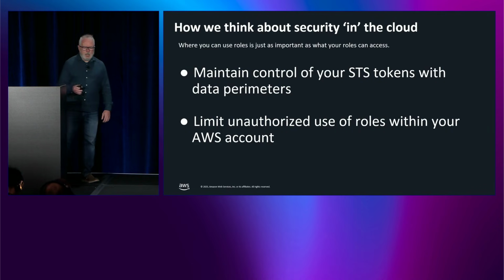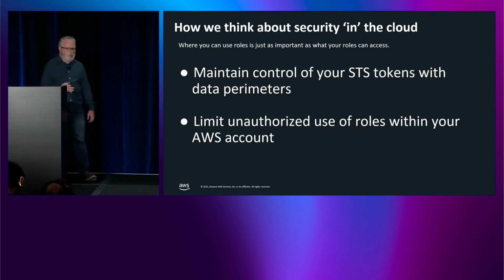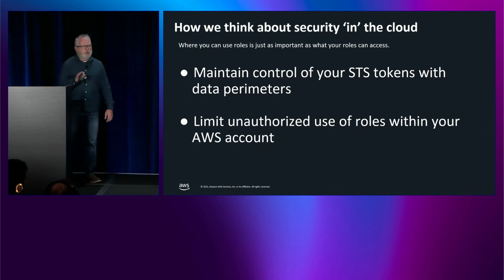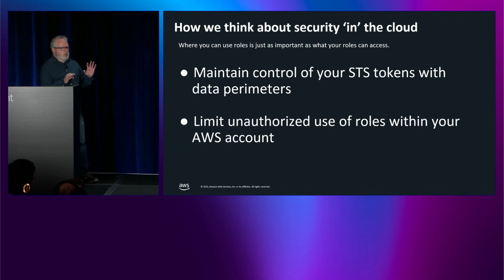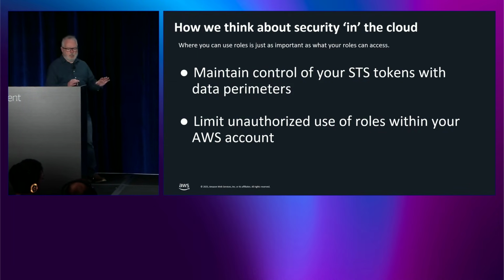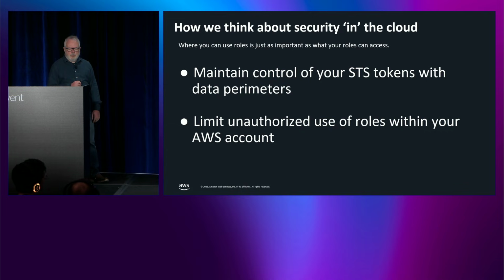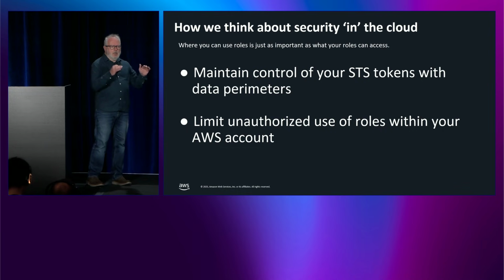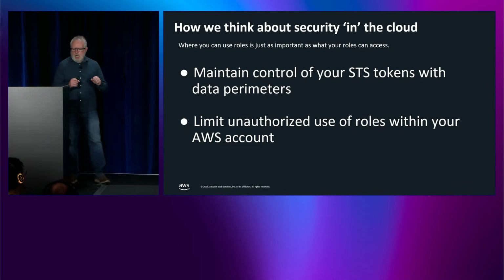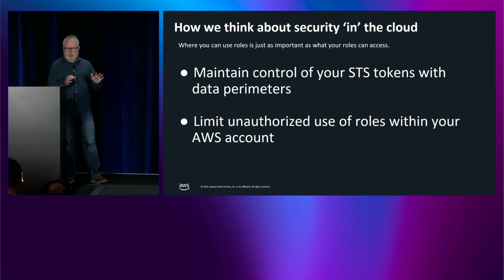So how do we think about security in the cloud? There are quite a few things that you need to do to ensure your own security in the cloud that Ilya touched on earlier. When most people think of IAM roles, top of mind is what APIs can you access? But what or who can use a role is also important.